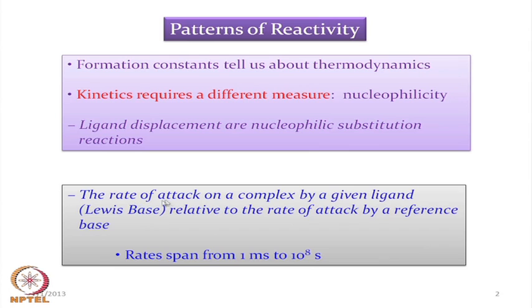So, we have the rate of attack on a complex by a given ligand, that means the Lewis base attacking the metal center, relative to the rate of attack by a reference base.